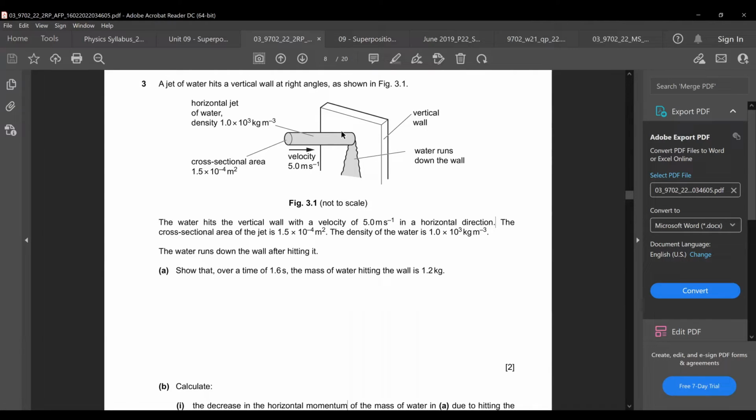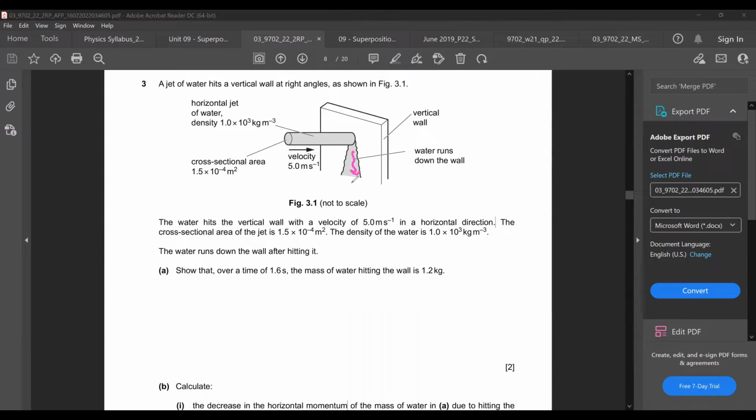You may be thinking that when the water hits the wall, it will run down. There's a velocity, right? But this velocity is vertical, okay? When your water was moving, it was initially in the horizontal direction with a velocity of 5 meters per second.